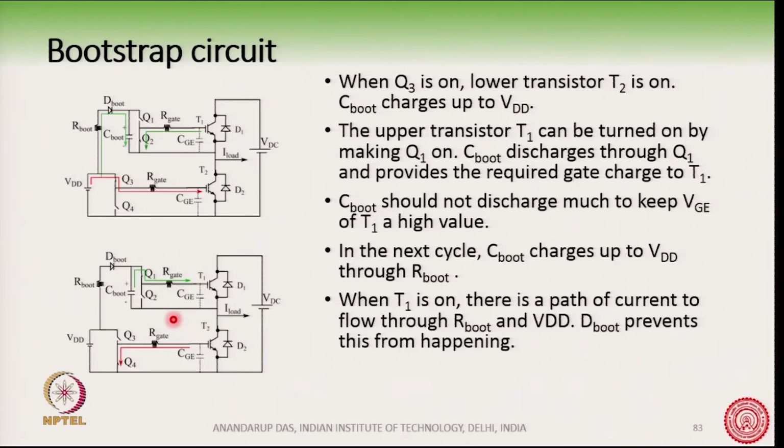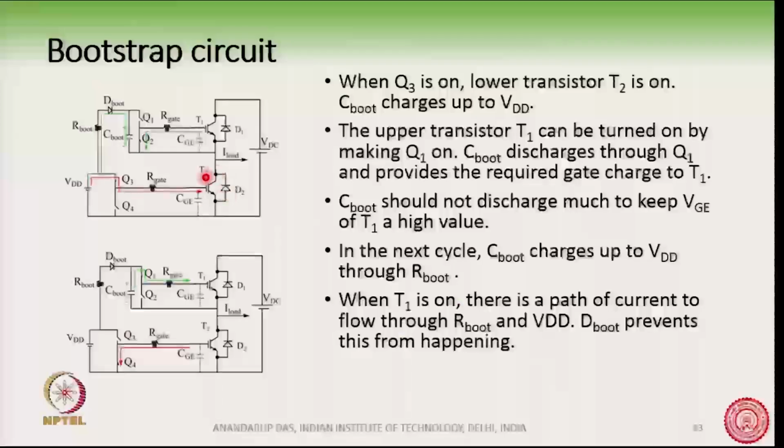Whatever charge C boot had accumulated when the lower transistor T2 was on, now it is discharging here. But note that it should not discharge too much, because if it discharges too much, then the gate emitter voltage of T1 will fall, and we do not want that.